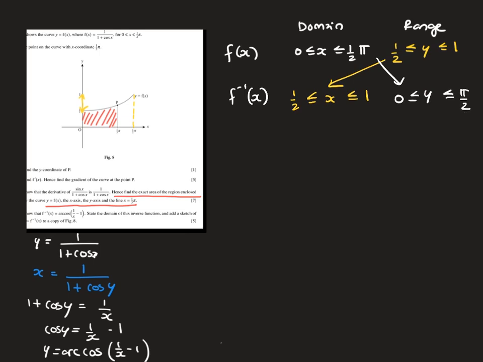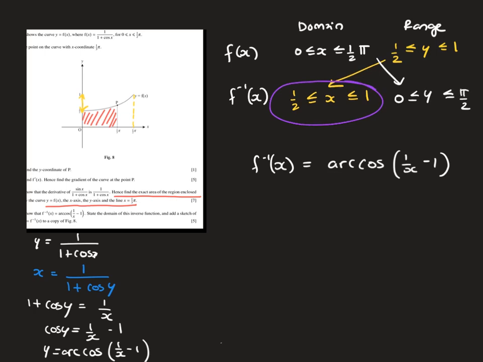Remember, the domain and the range swap around. So our inverse function, f minus 1 of x, is arc cos of 1 over x minus 1, and its domain is x is between a half and 1.